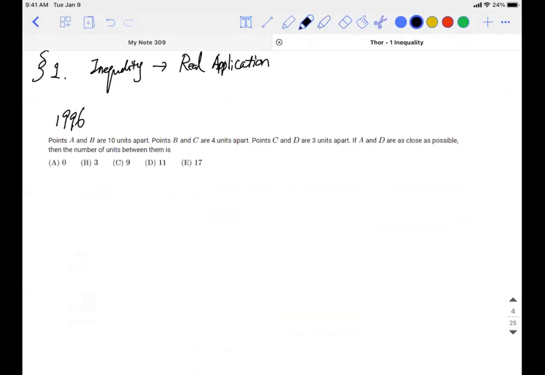It's an old problem. It's the American Junior High School Math Exam. That's actually the predecessor of AMC 8. Previously, it was named AJHSME, because AMC 8 is a new name we took after 2000. Previously, it was the American Junior High School Math Exam. Okay, so this is question number 9.